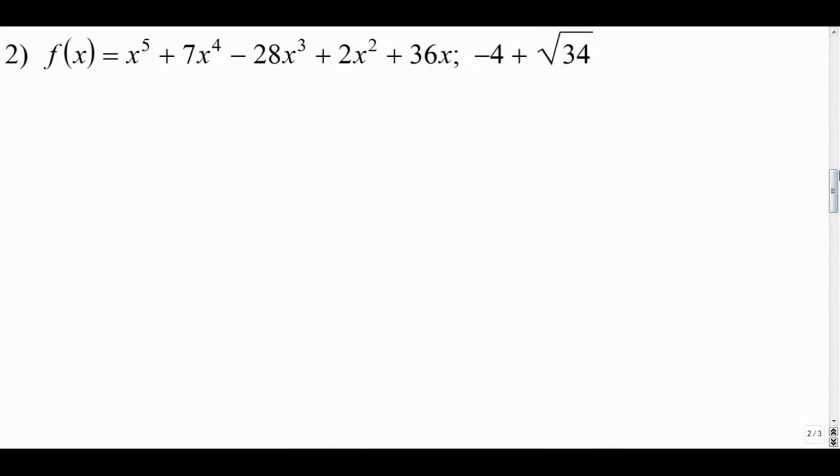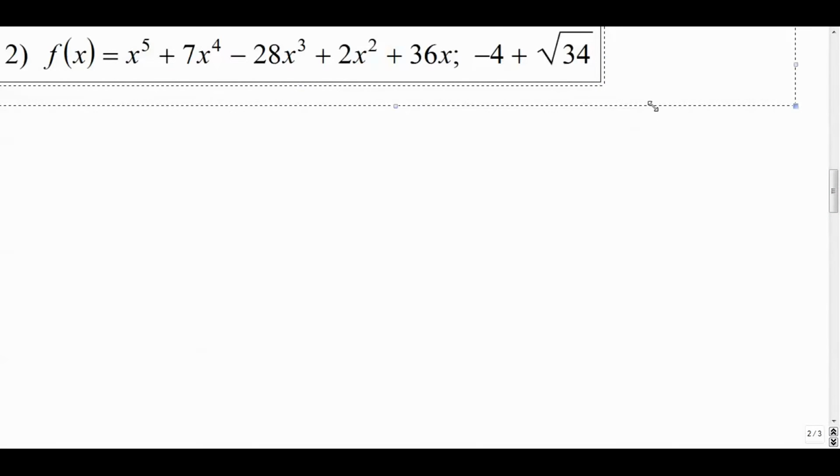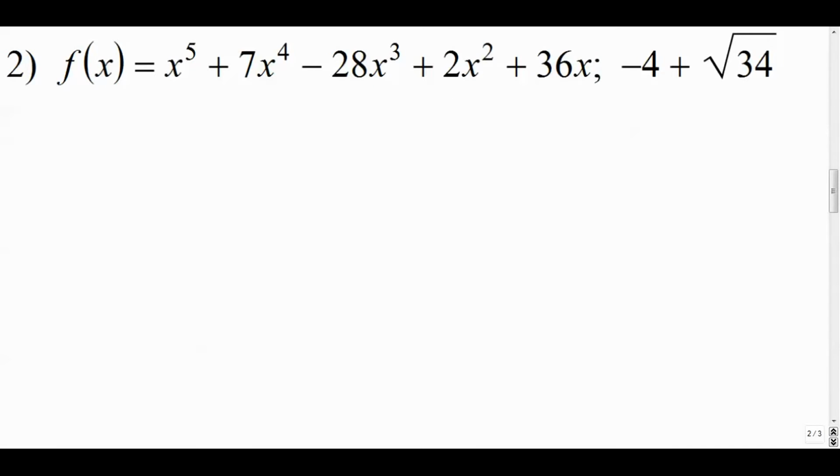Number 2, here you can see that we have an irrational root. When there's an irrational root, it's a little bit more complicated than the one above. And the trick here is, if this is a root, then it has a partner.